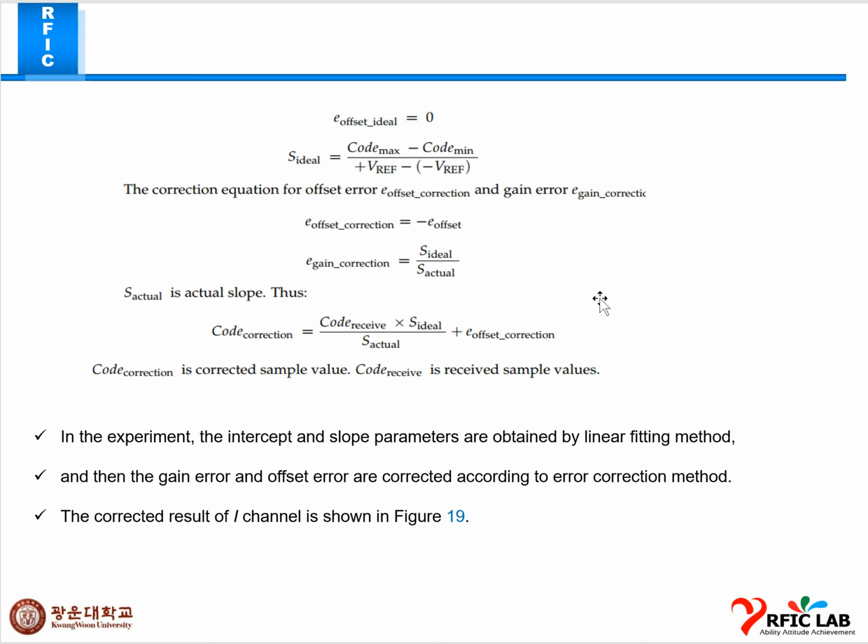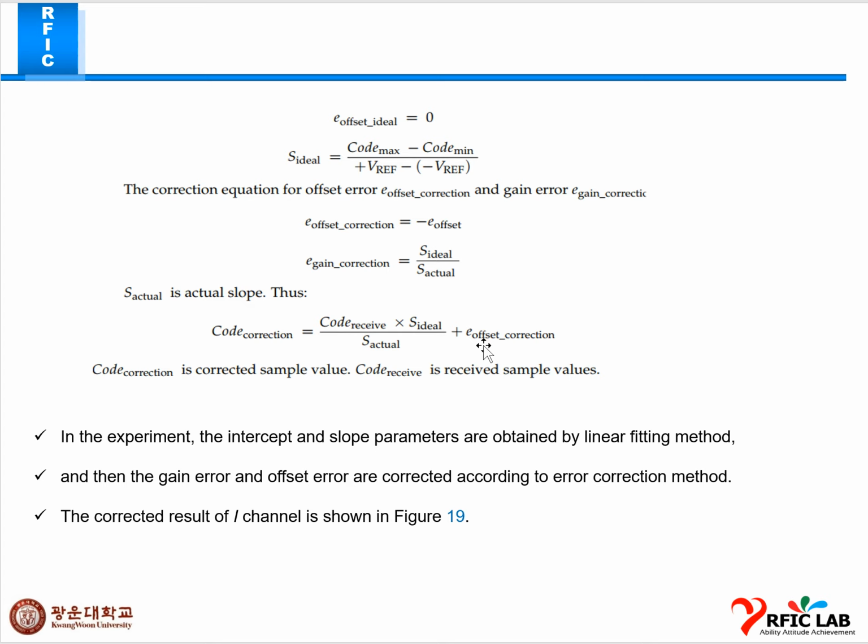To calculate S actual slope, we are going to use this formula: code received multiplied by S ideal over S actual, plus E offset corrections.